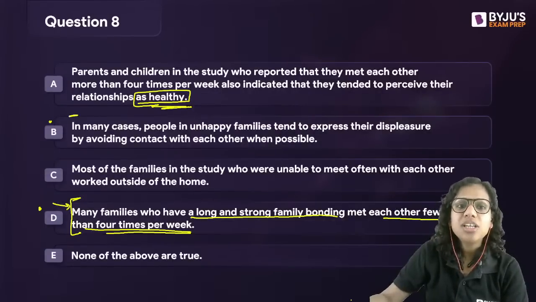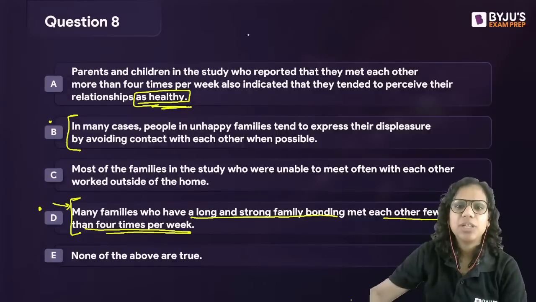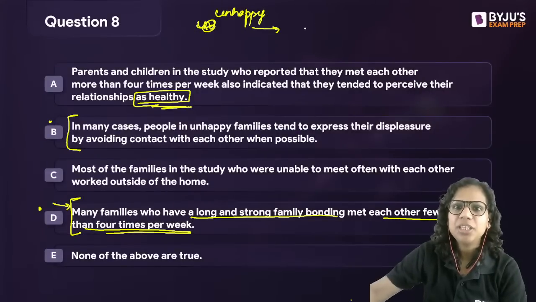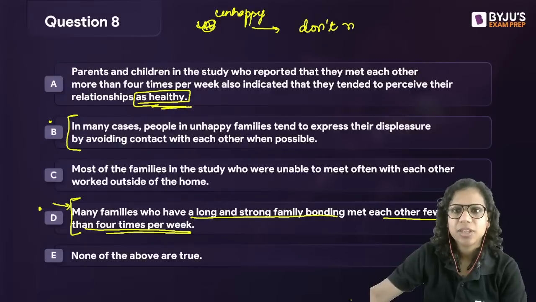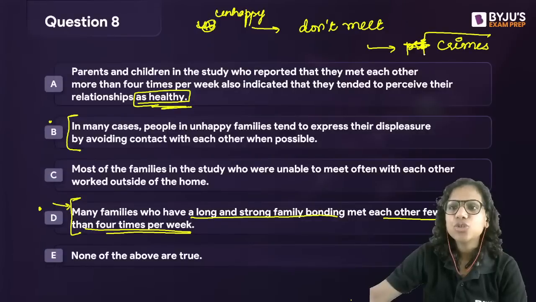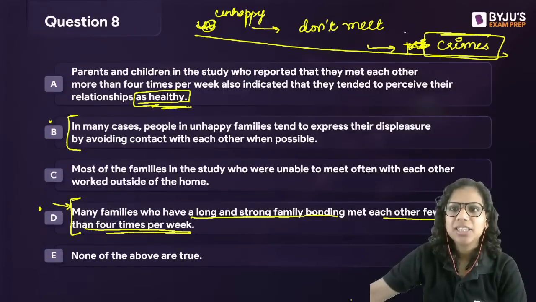But what does B do? Look at the effect that B has. B tells you that these families are already unhappy. And because they're unhappy, they don't meet. And then, probably crimes happen. So this is trying to indicate, see, this was our conclusion.